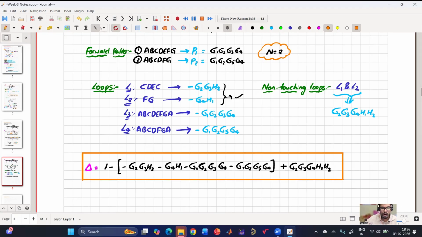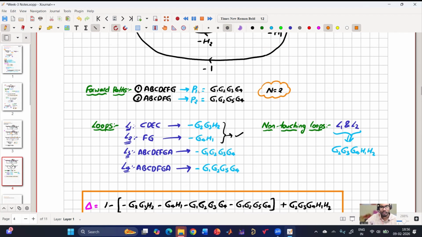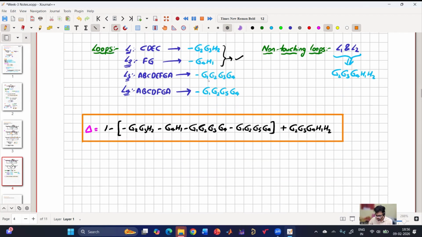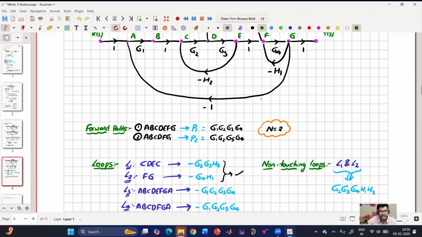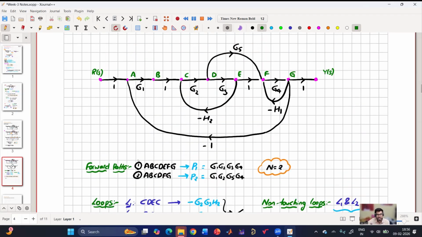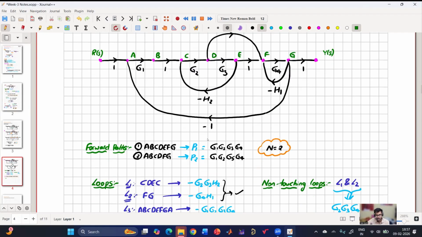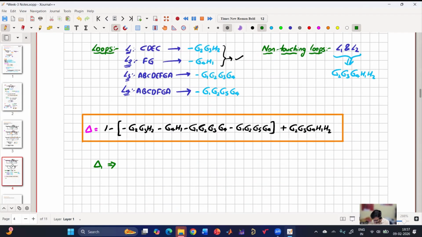Okay. So now P1 and P2 are known. Now we have to find delta 1 and delta 2. For calculating delta 1 and delta 2, first we have to identify the loops that are not touching the forward path. Are there any loops that are not touching the first path? No, sir. So what is delta 1? Delta 1 is 1.